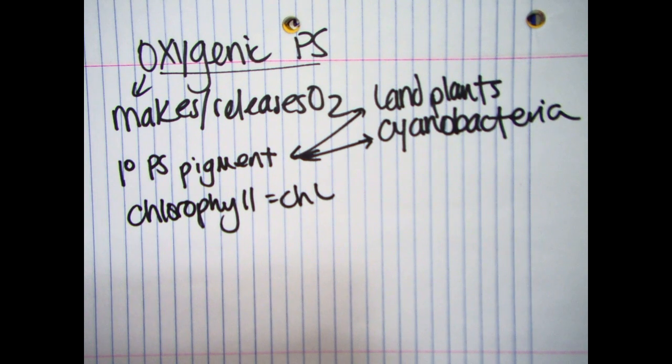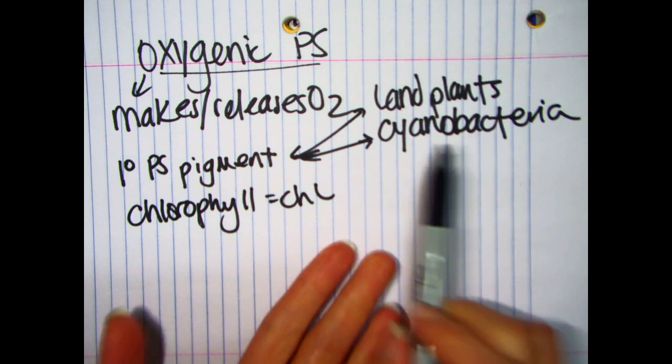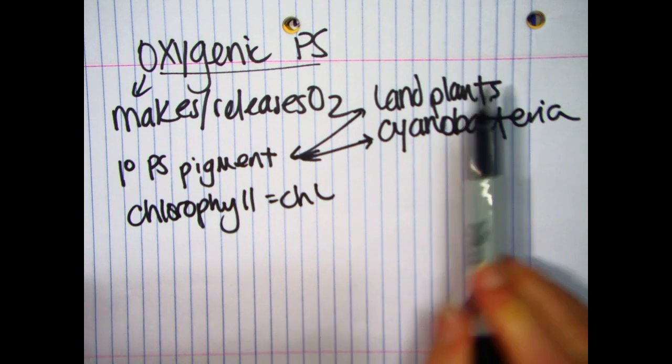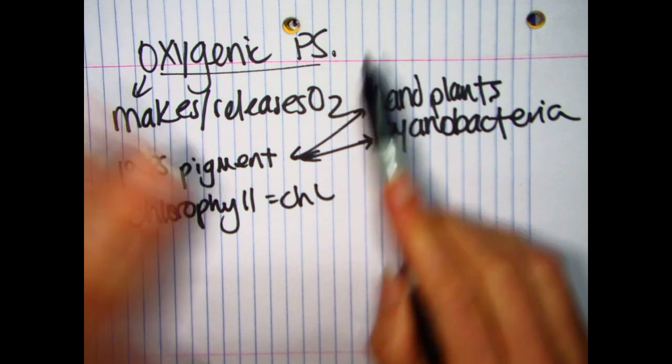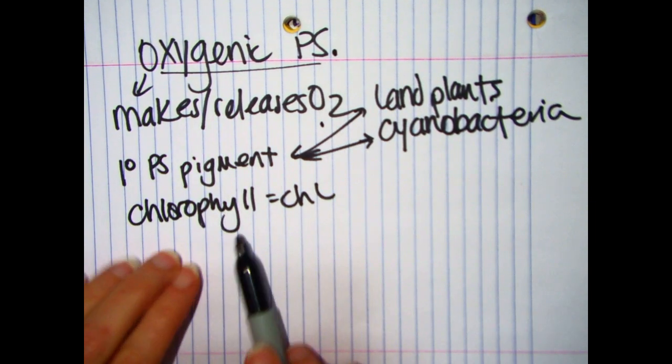So this is in contrast to bacterial chlorophyll, which is used in anoxygenic photosynthesis. But cyanobacteria and land plants do oxygenic photosynthesis, which releases oxygen and uses chlorophyll.